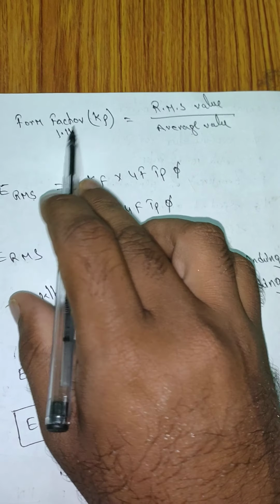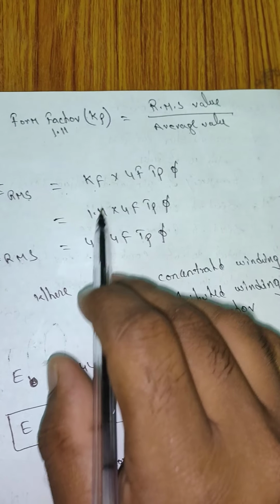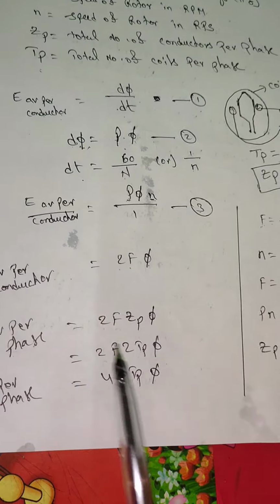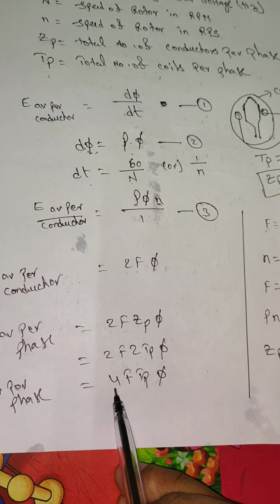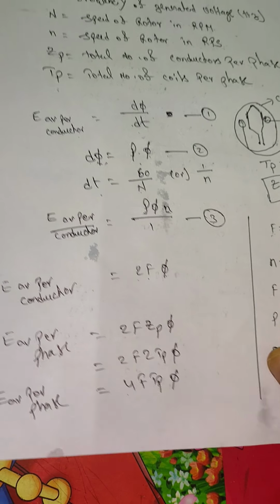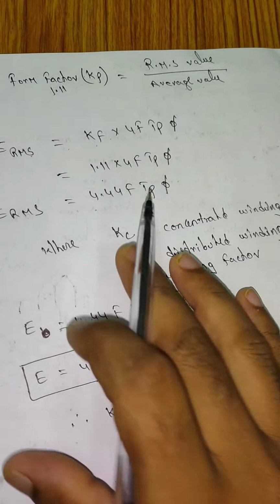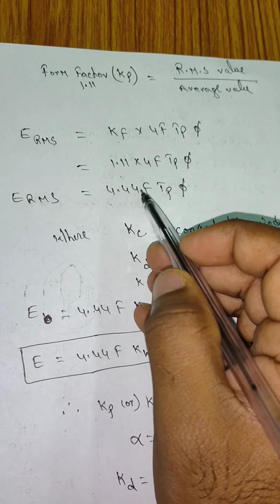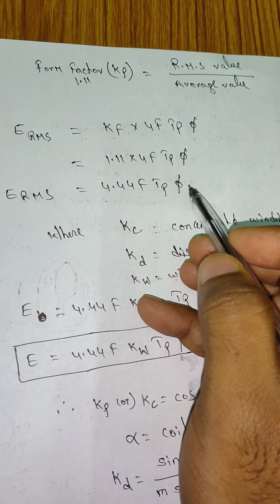Now we know the form factor value 1.11 and the average value from the previous step, that is 4f Tp phi. You just substitute here. Now you will get E RMS is equal to 4.44 f Tp into phi.